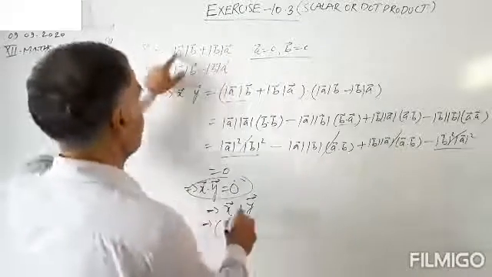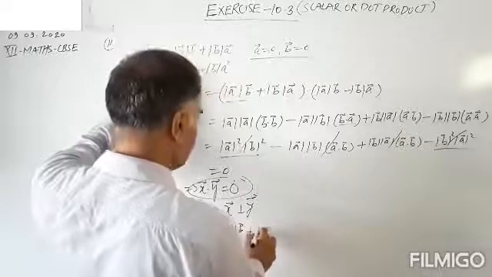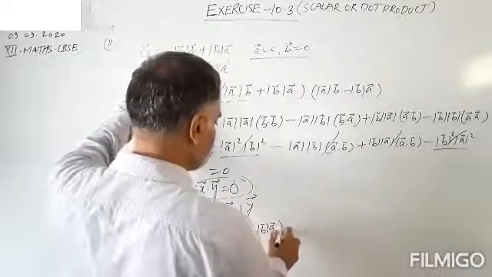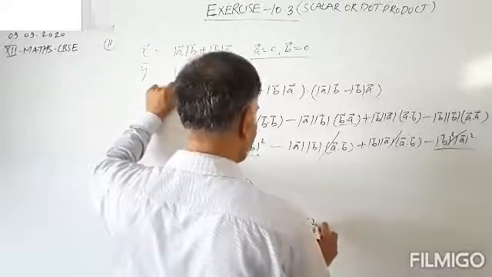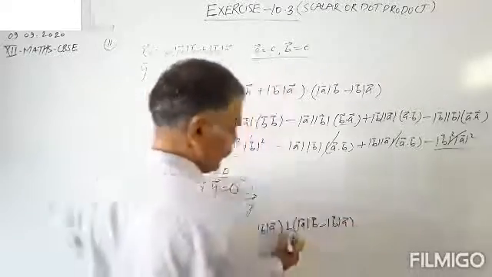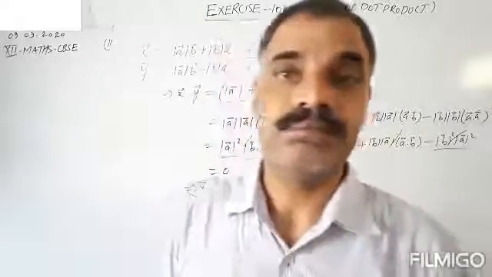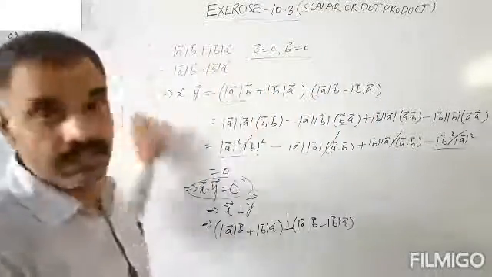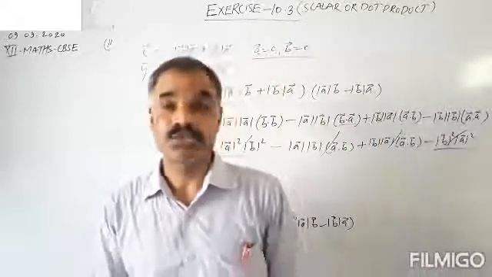X vector, means magnitude a vector times b vector plus magnitude b vector times a vector, is perpendicular to magnitude a vector times b vector minus magnitude b vector times a vector. So this we wanted to prove in question number 11. Now let us take the next question.